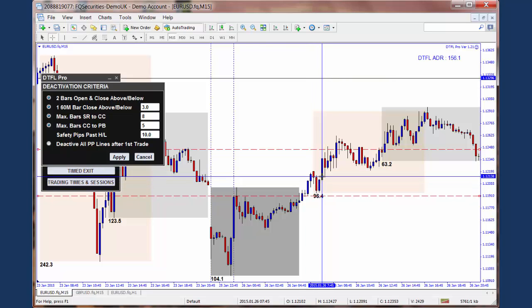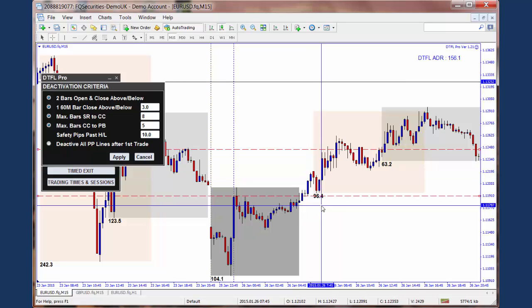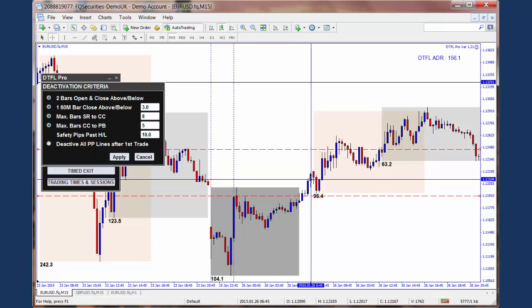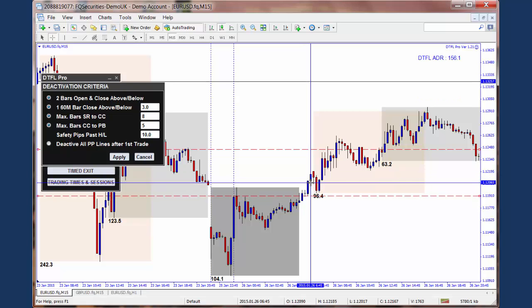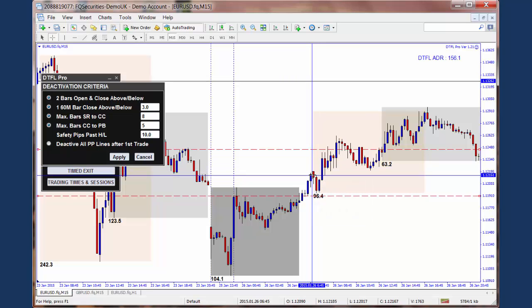On the close of this candle, at that point there, that is the equivalent of when an hourly candle would close. So the criteria to deactivate a PP line in this example: this is the 6:45 to 7 o'clock candle, and when it closes at 7 o'clock, that is the hourly close.